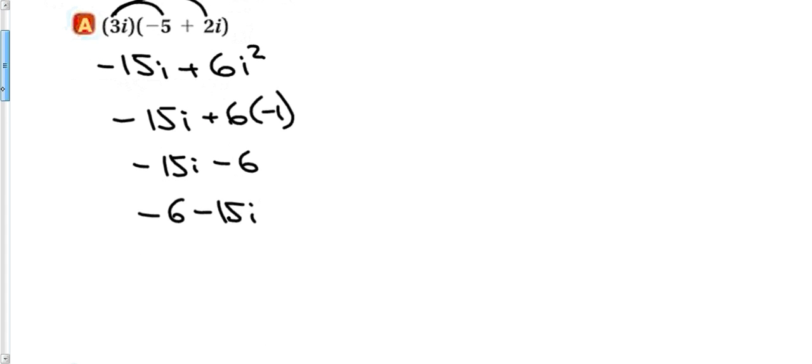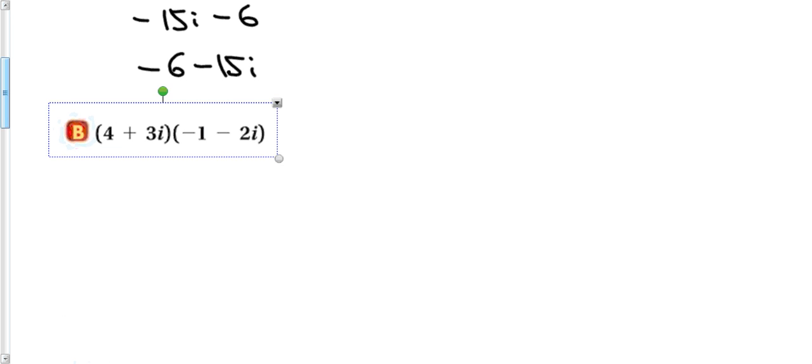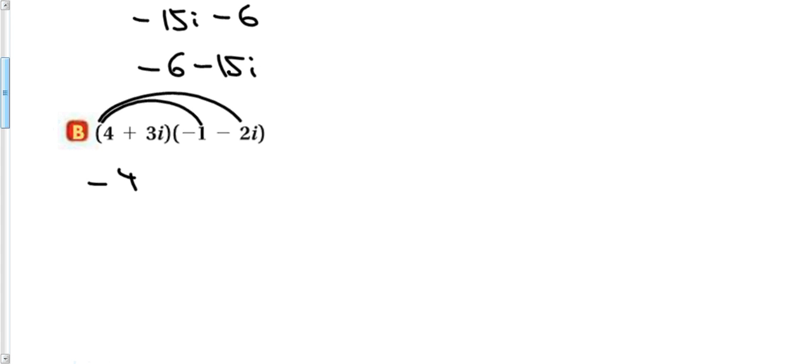Okay. Let's look at this one next. Now, we are going to have to FOIL these two terms. So, first, negative 4. Outside, minus 8i. Inside, minus 3i.